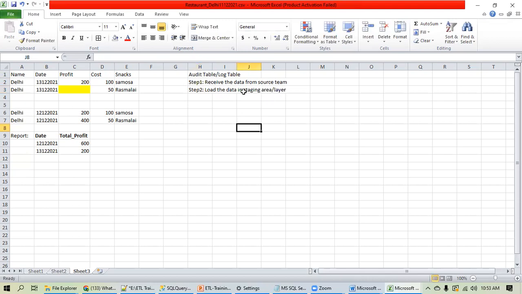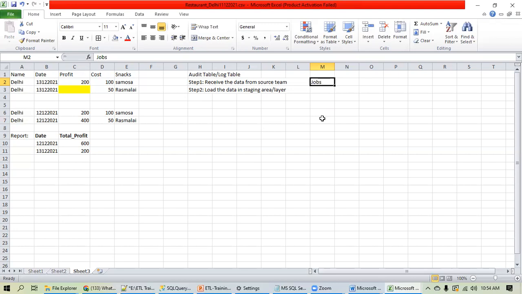Now, how will you load the data? What is the process to load the data? We have some ETL tools. You have jobs. In the last class I mentioned you have jobs. What are jobs? What is the responsibility of jobs?